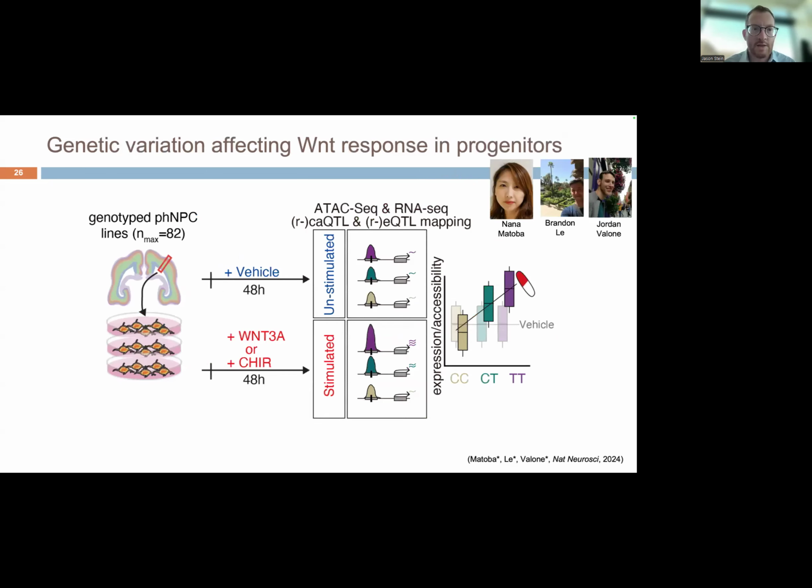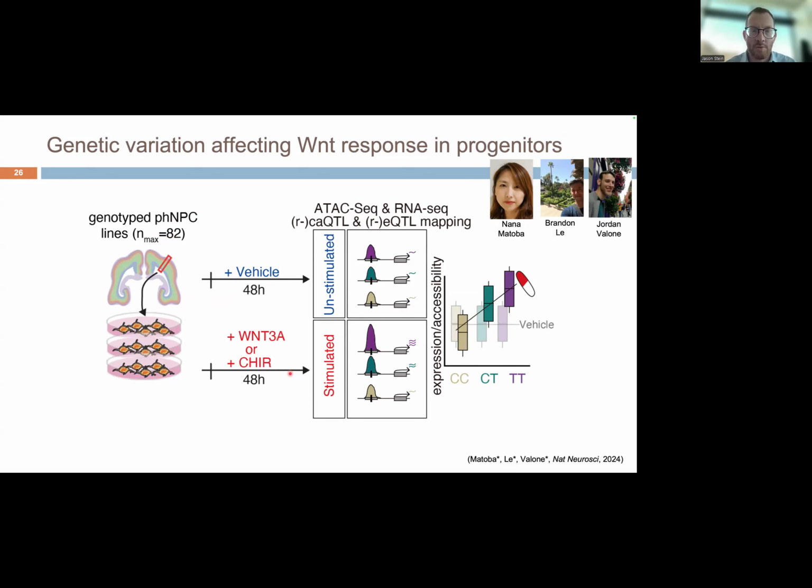So we then conducted this G by E in a dish, so the stimulus-specific QTL, in our neural progenitor population from 82 different primary human neural progenitor cell lines. So in these primary human neuroprogenitor cell lines across all these 82 donors, we added either vehicle or Wnt3a or CHIR. So these are our Wnt stimulators.